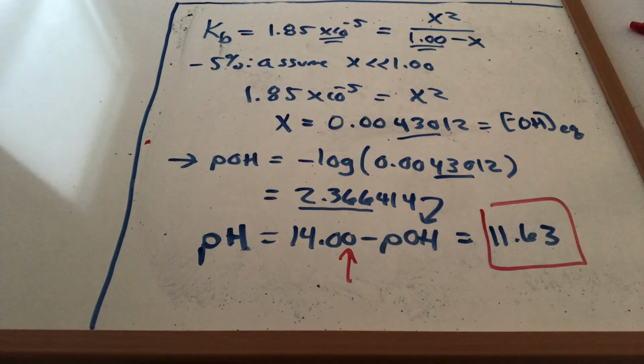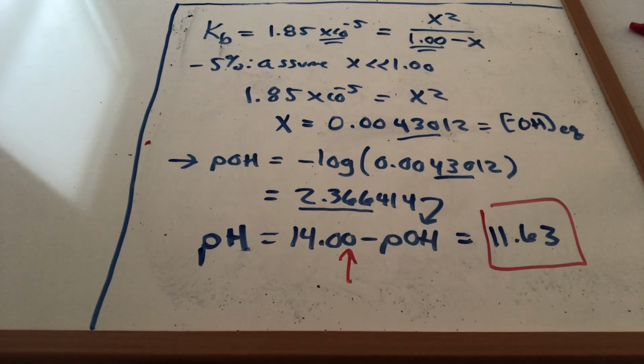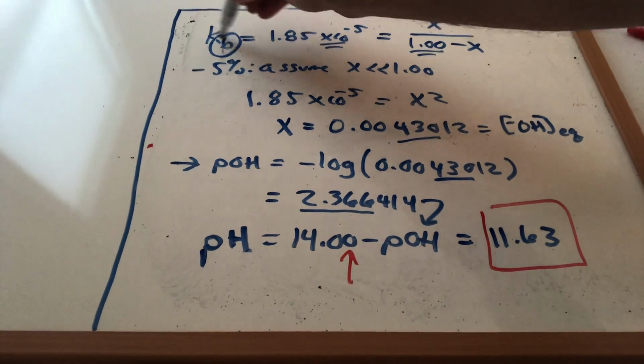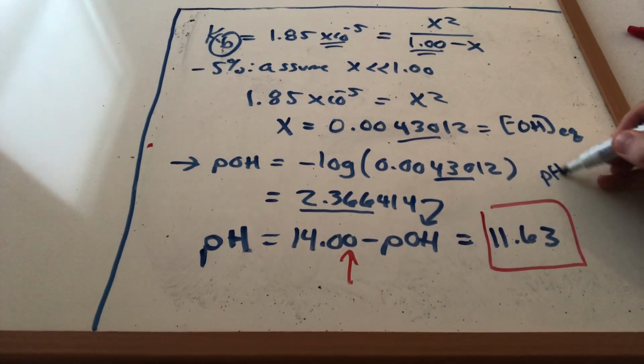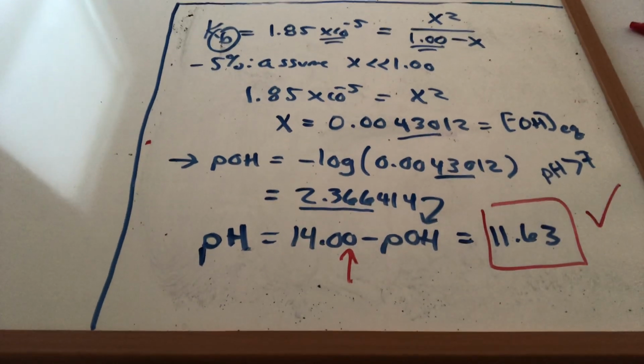My pH is 11.63. Now, does this make sense for a base? We knew we were using a Kb, so we should end up with a pH that's greater than 7. And is that the case? Yes, that is the case.